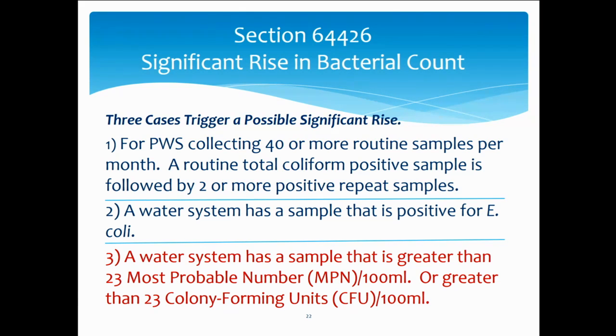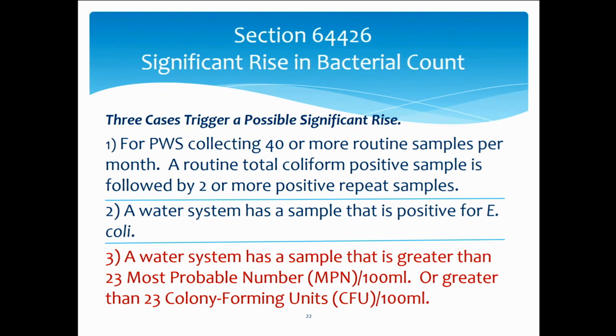Right now, in the current draft of our RTCR, the only samples that are required to be enumerated, to have a density reading, are the additional routine samples taken in the month after a positive and repeat samples. Not now.